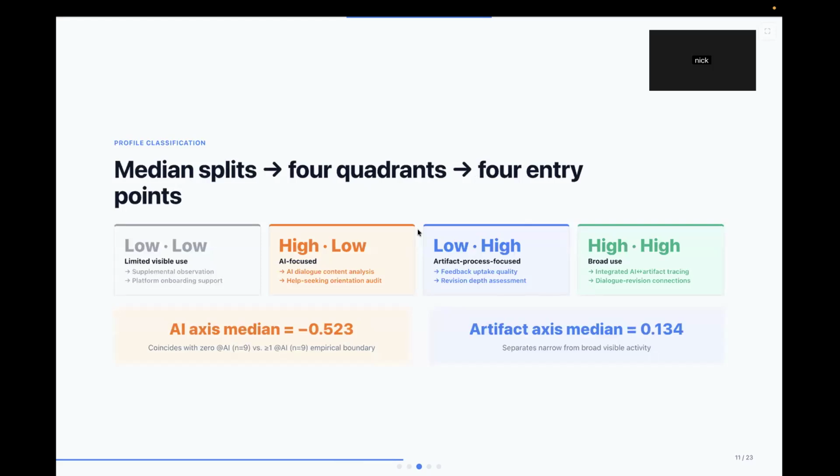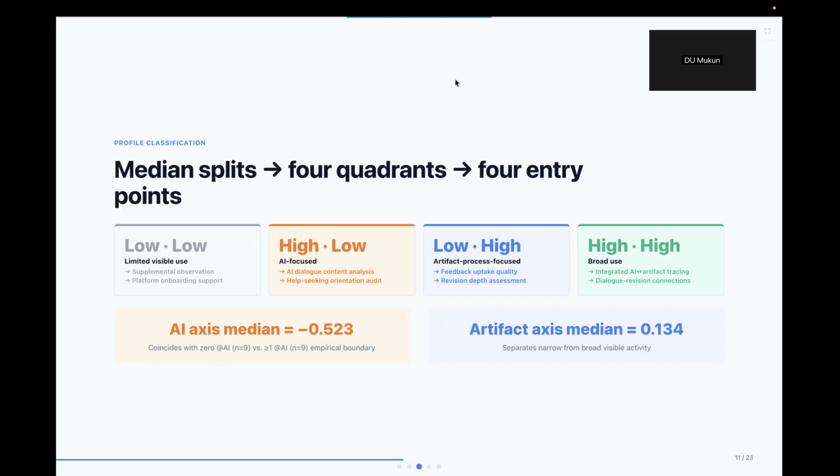So for low, low, it means we have a very limited visible use. We don't see a lot of activities on the platform. And the high, low, which means they have, we call it AI focused, which means they tried a lot on AI help seeking, but we did not see a lot of uploading the artifact, their reports.